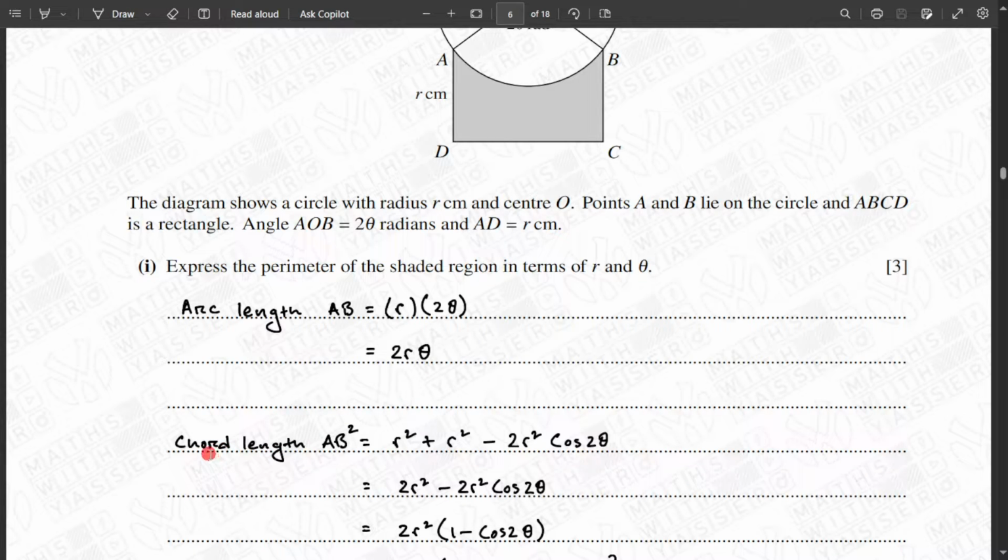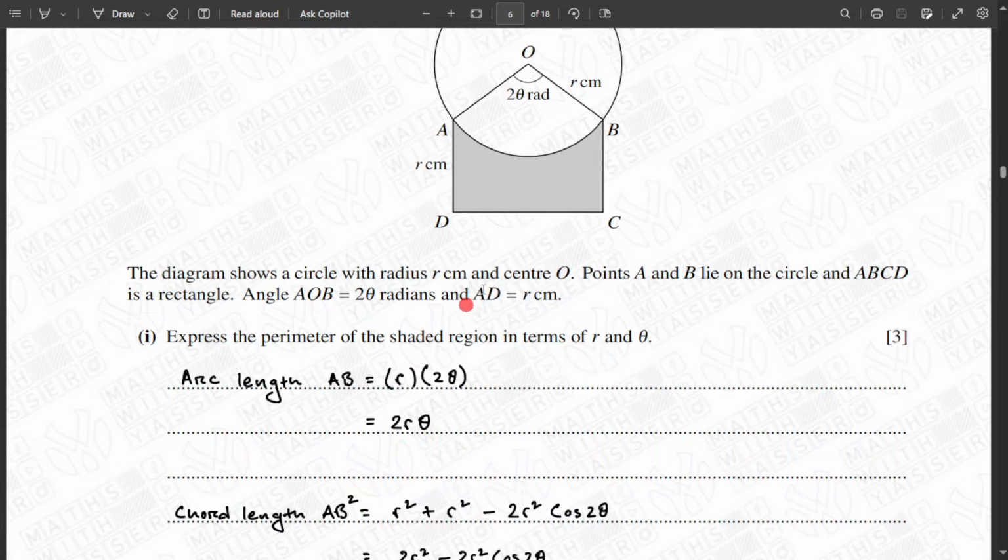The chord length AB, so let's say there is a line segment between A and B. So the chord length AB square is equals to, with the help of the cosine formula, we can find the length of AB. The reason why we are trying to find the length of AB, because ABCD is a rectangle.